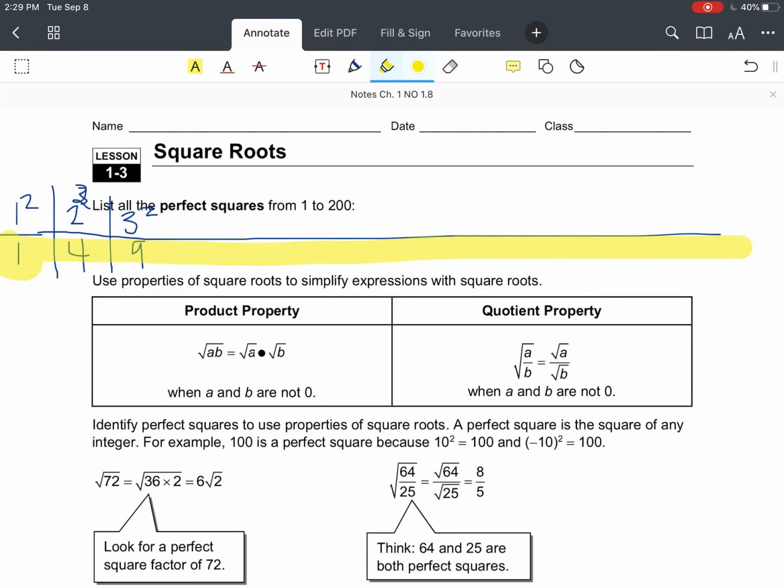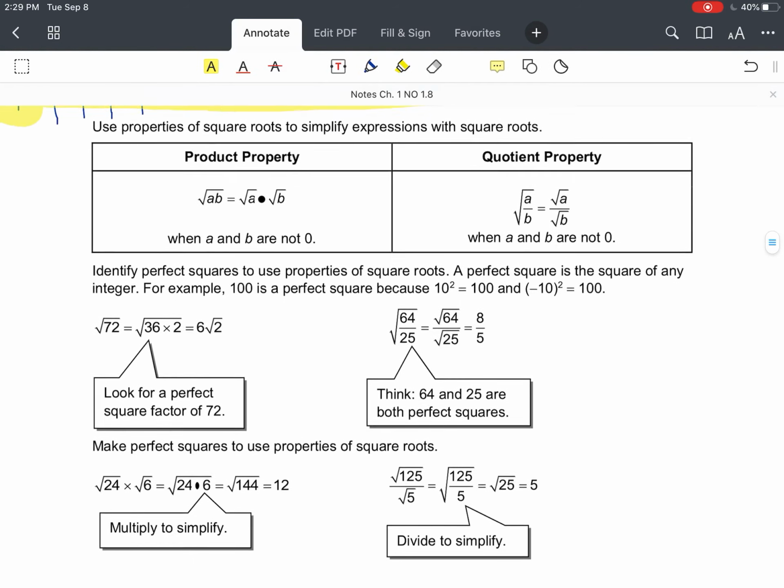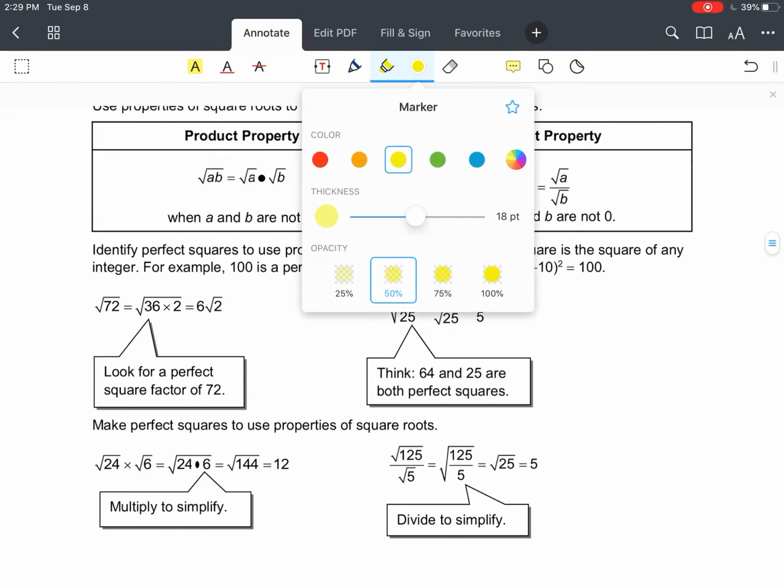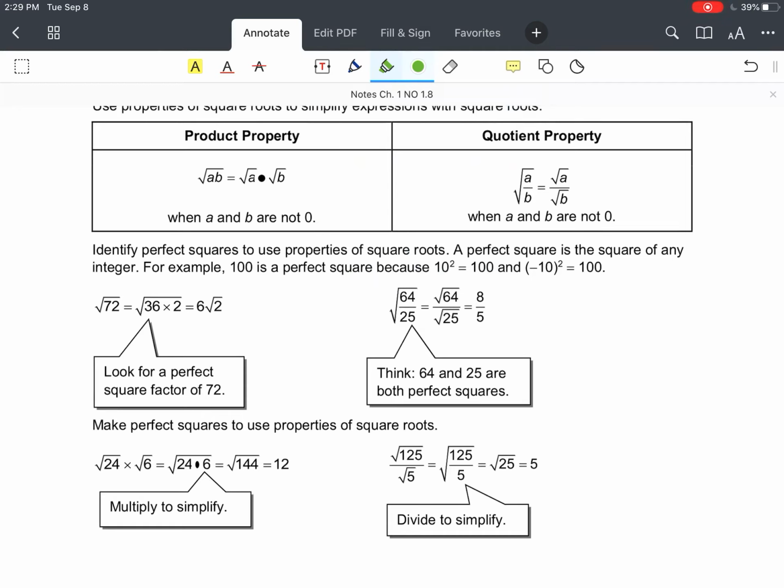The reason we're going to need these perfect squares is in order to simplify square roots. So in order to simplify square roots, there's 2 properties we're going to use. The product property. The product property just states that if I have 2 things inside a square root, I can separate them via multiplication.